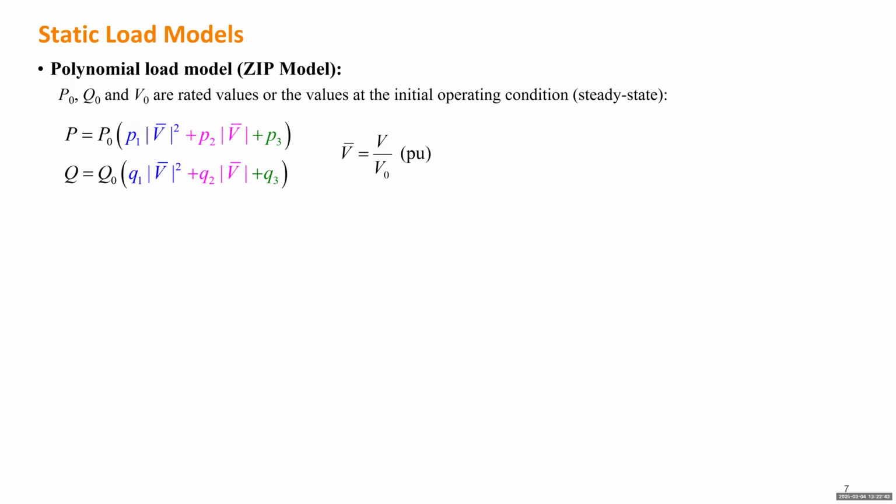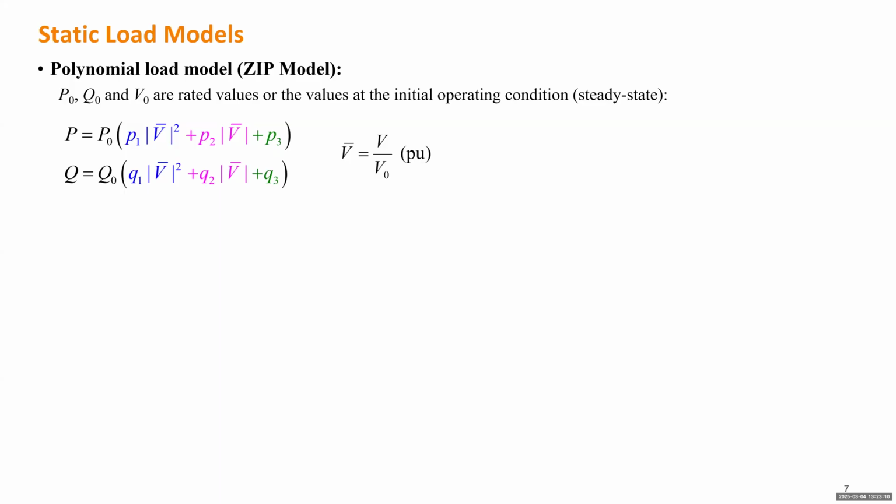So you can immediately recognize, if voltage here is a per unit value, that P3 is pretty much like a constant power component, right? Because if P3 increases, it directly changes the power, making P bigger if P0 is constant. And P2 is somewhat like a current: P2 has a physical meaning similar to current because it multiplies voltage to give you the power.